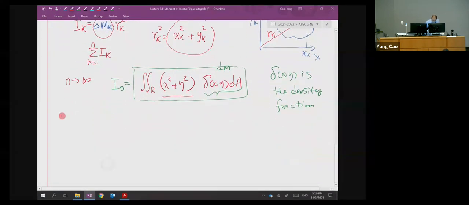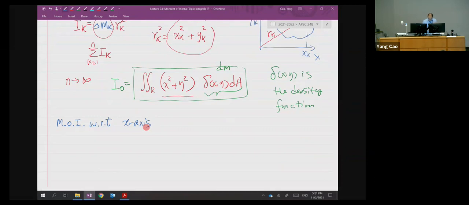So then the natural question you should probably think of is, okay, how about the moment inertia about some other axis, right? Or some other arbitrary axis. So we can certainly look at a special axis. How about moment inertia with respect to the x-axis?